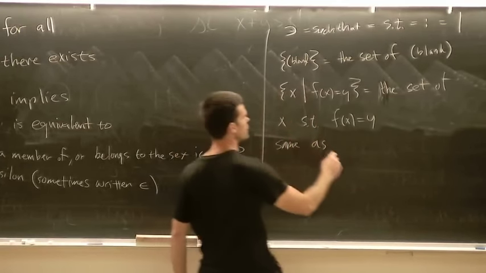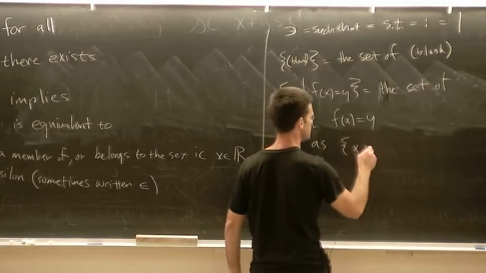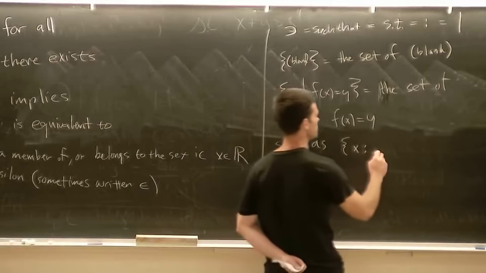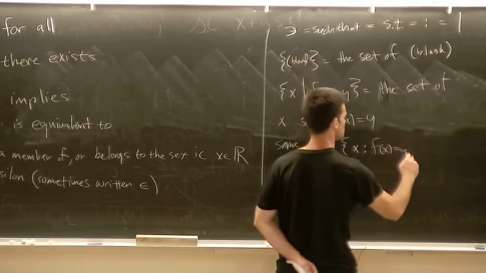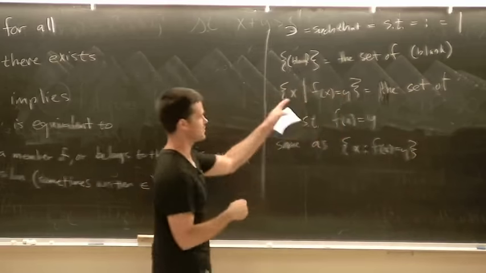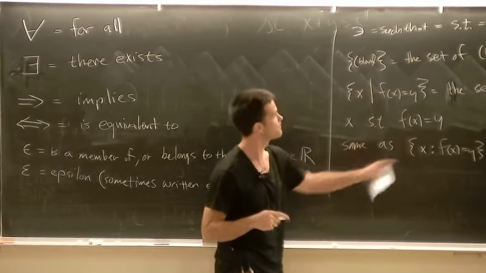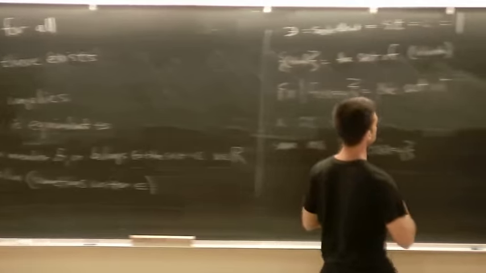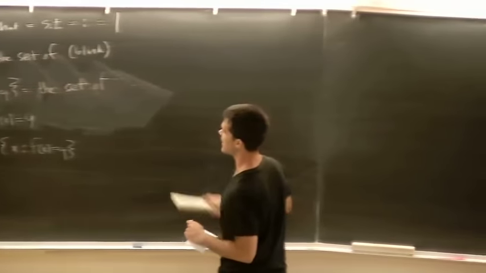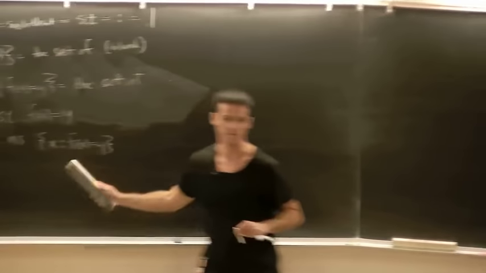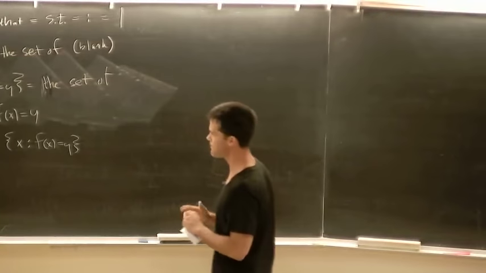You could also put the two dots here as well, x with the colon. These two mean the exact same thing, and they both stand for the words "such that" in this situation.